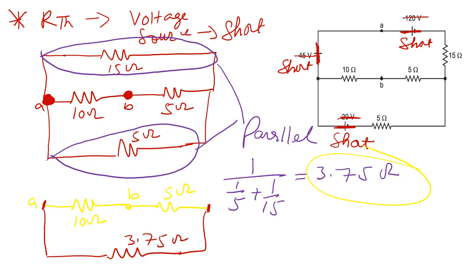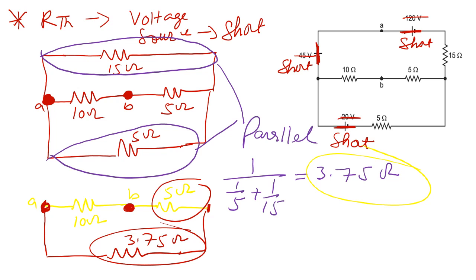Now look at this circuit. You have to find the resistance across this, from here to here. So this 5 ohm and this 3.75 ohm are in series.